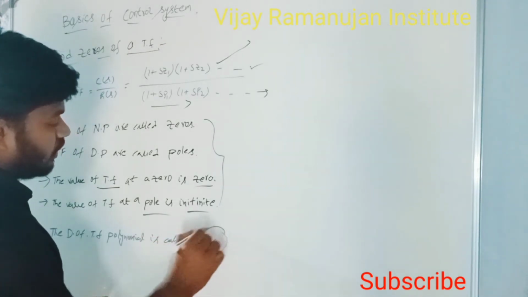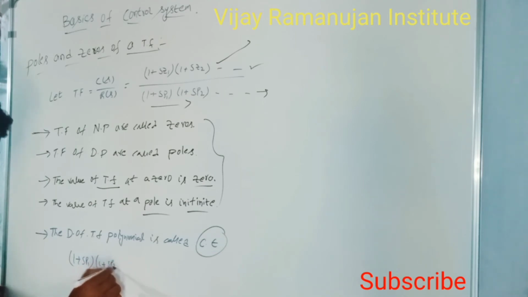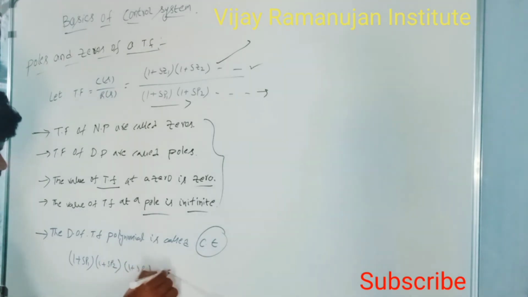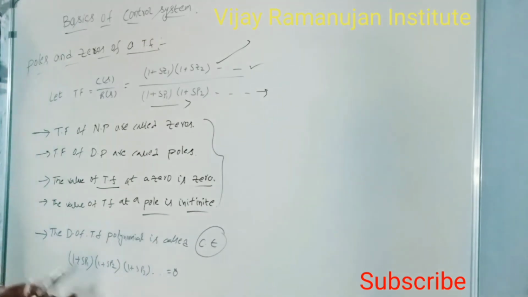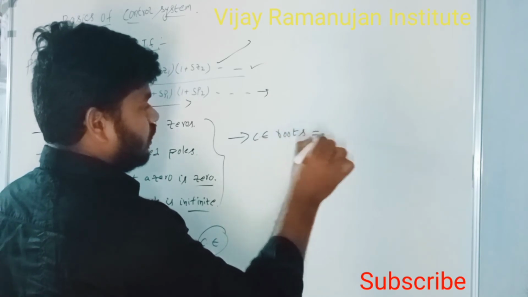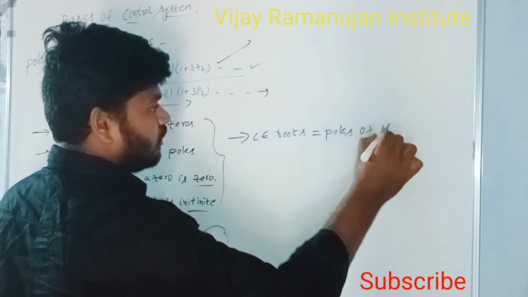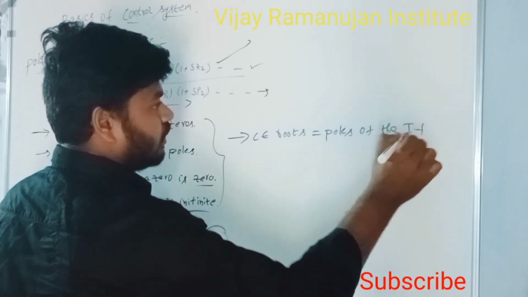That equation will be (1 plus sp1) into (1 plus sp2) into (1 plus sp3) and so on, equal to 0. The denominator of the transfer function is called the characteristic equation. The roots of the equation are equal to the poles of the transfer function.